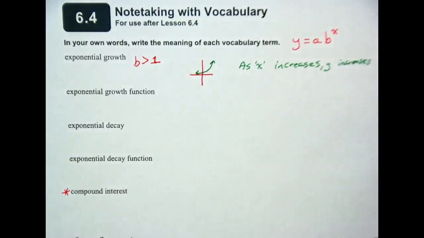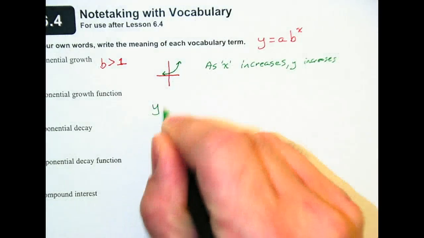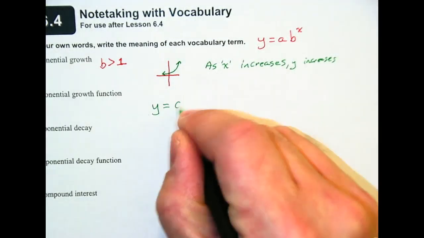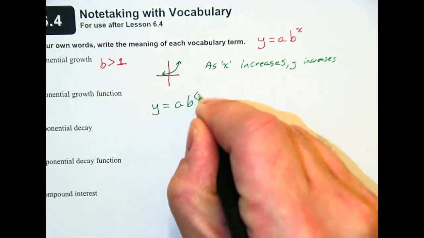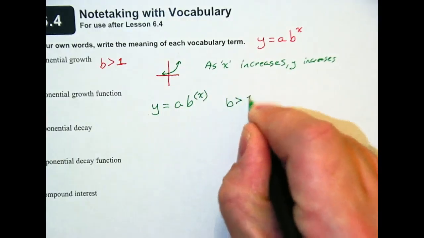All right. As x increases, y increases. All right. So that's what we have for exponential growth. That's kind of what we've talked about. Exponential growth function is y equals ab to the x, okay, where b is greater than 1.